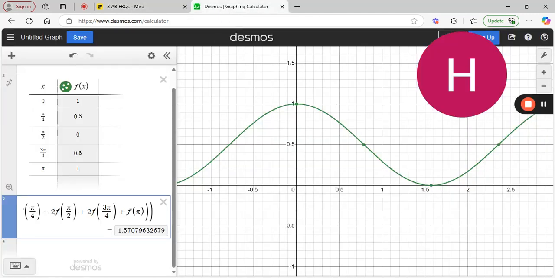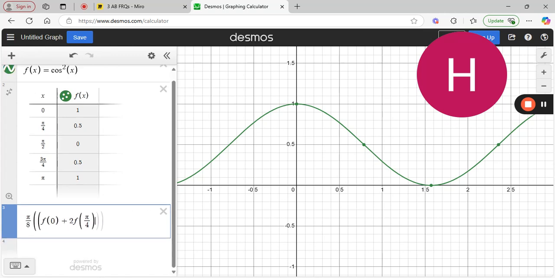Now, if we needed to do LRAM, we would do a very similar setup. We just wouldn't have the trapezoid formula plugged in here. We would be using these values very carefully, but you would just have to plug them in terms of f.